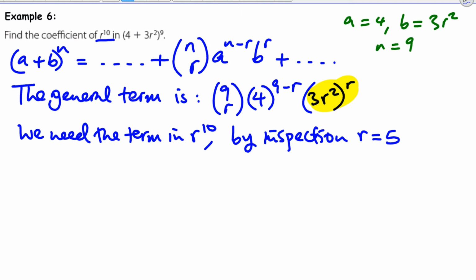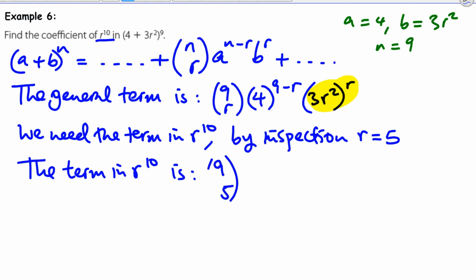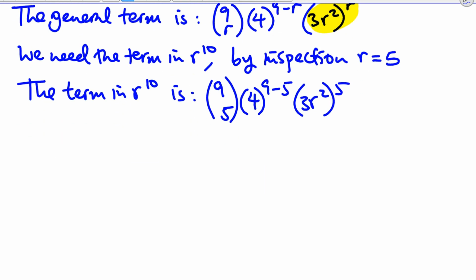So the term in r to the power 10 will be 9 choose 5, 4 to the power of 9 minus 5, and 3r squared to the power 5. And if we simplify that, we should be able to get what we want.